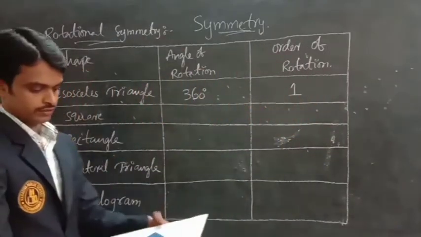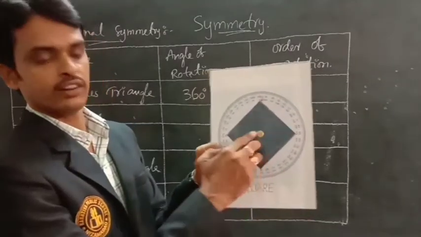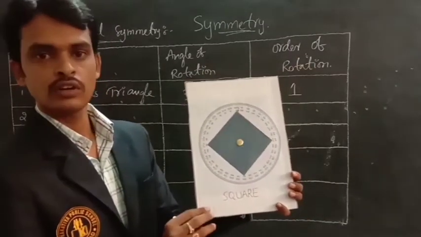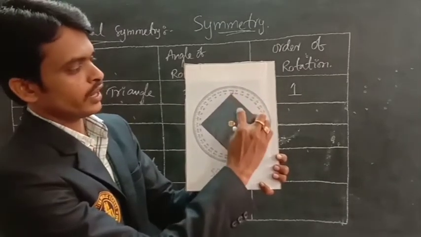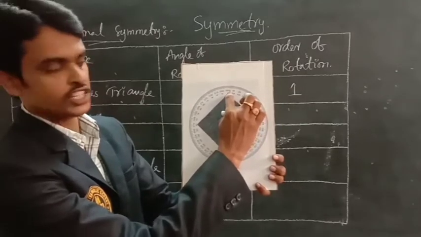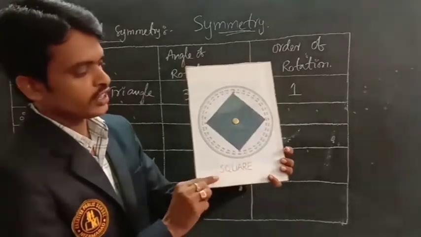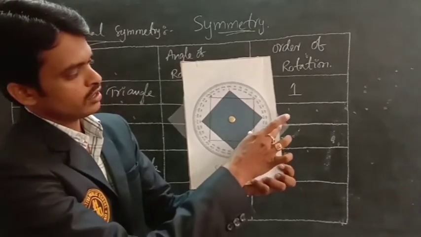Next, square. Look here, this is a square. Now rotate the square from the initial position at 0 degrees. Rotate the square in the anti-clockwise direction like this.